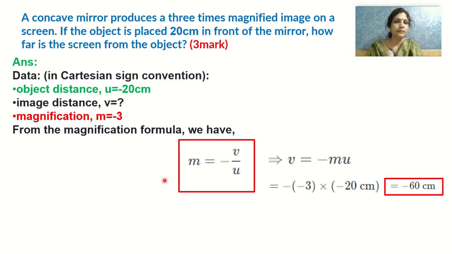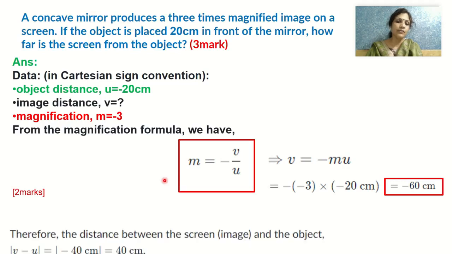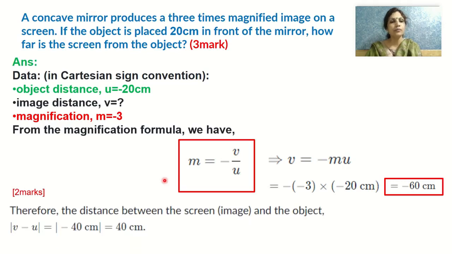We are asked how far is the screen from the object. So let's see that. For doing up till this, for finding v is equal to -60, 2 marks will be given. Now the distance between the screen and the object, that is what is asked. That is v minus u, and it comes to -40.